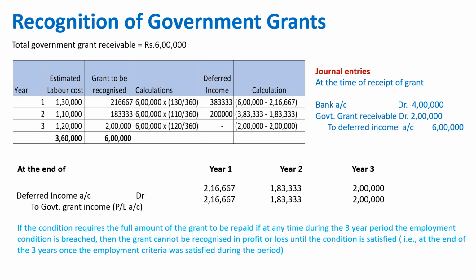That is, at the end of 3 years, once the employment criteria was satisfied during the period. That means if the government says that anytime you breach the requirement, you have to pay back completely whatever you have received from the government, then you have to wait and see after 3 years whether you have complied or not. Based on that, you recognize revenue. You can't recognize revenue every year till you fulfill the condition by the end of the 3rd year.